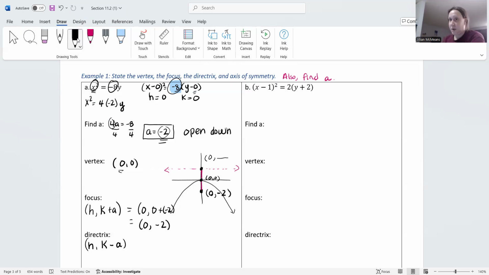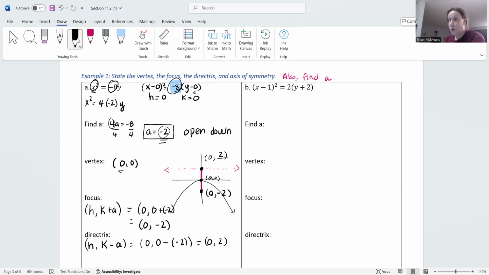I'll show you the actual equation of the line next. So h is just 0, k was 0, but now we subtract a. We subtract -2, which gives me (0, 2). But remember, the directrix is a fixed line, so we need to write this as the equation of a line.